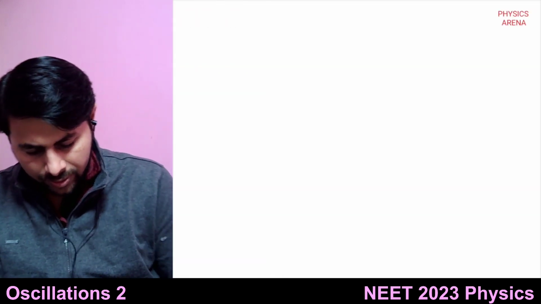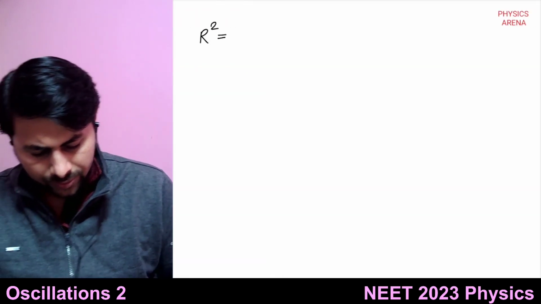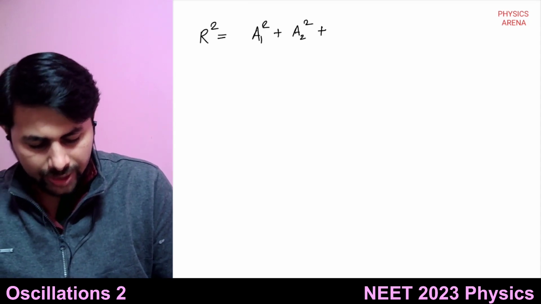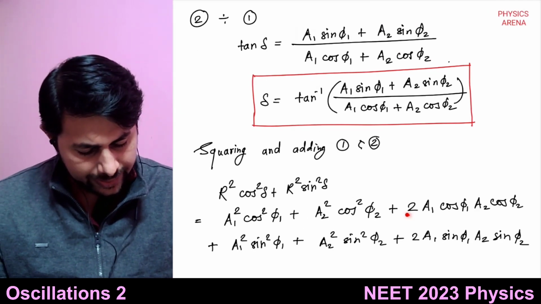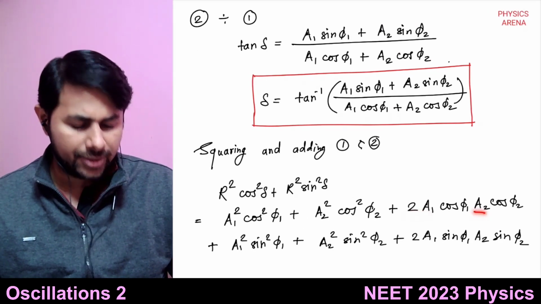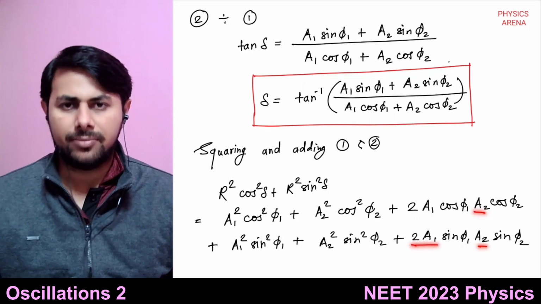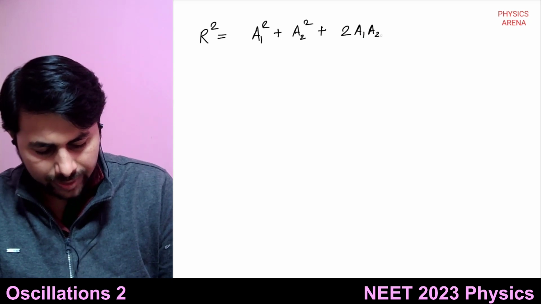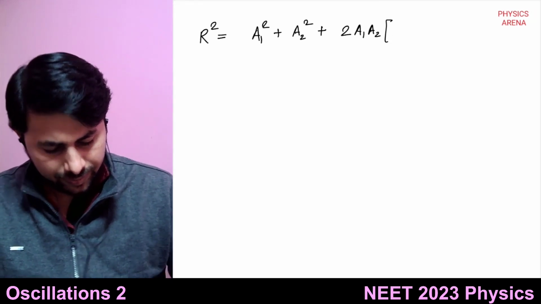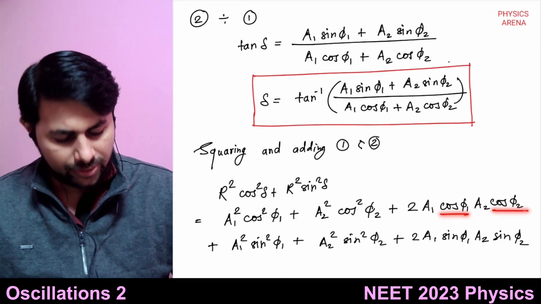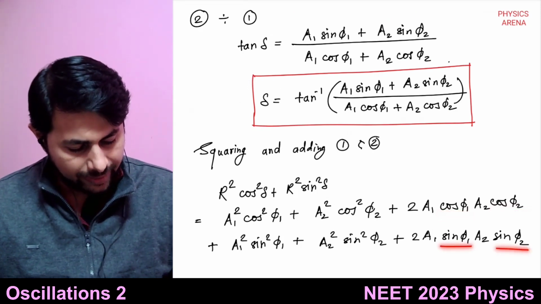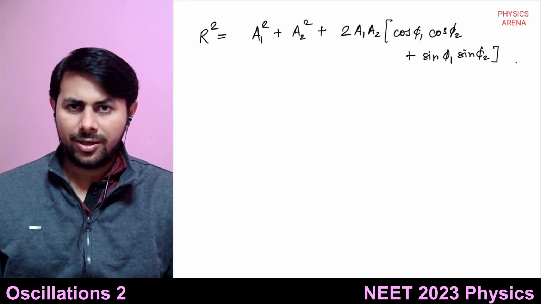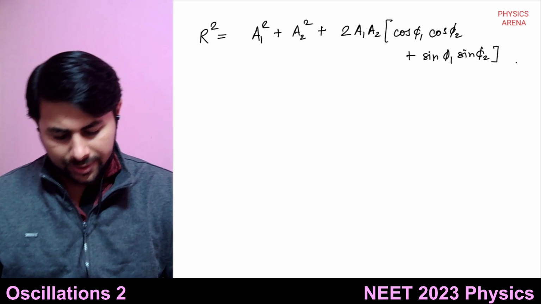So we got R square equals A1 square plus A2 square plus, now here I can take 2 times A1 A2 common from these two terms. If I take 2 times A1 A2 common, what's left there? Cos phi 1 cos phi 2 plus sin phi 1 sin phi 2. It is cos of A minus B, cos A cos B plus sin A sin B, right?